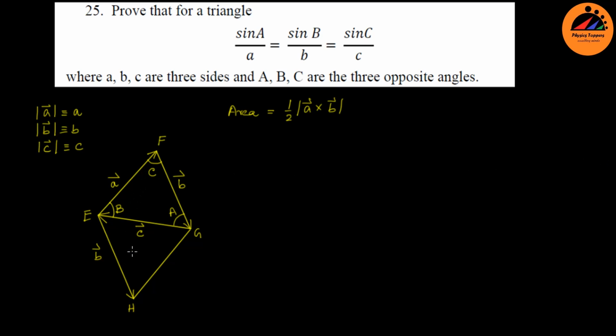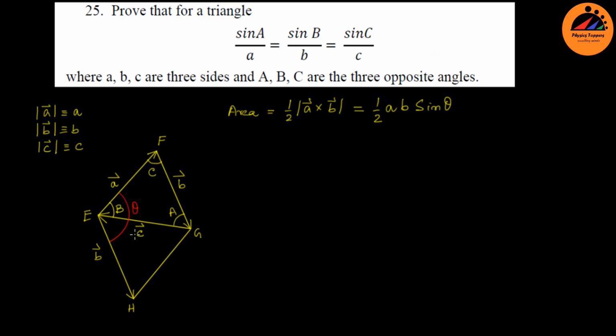Half the area of the parallelogram is the area of the triangle, because EG is the diagonal. Now if you expand this, this is half times A times B times sine of the angle between A and B. Let's name the angle; this is the angle theta. Okay.